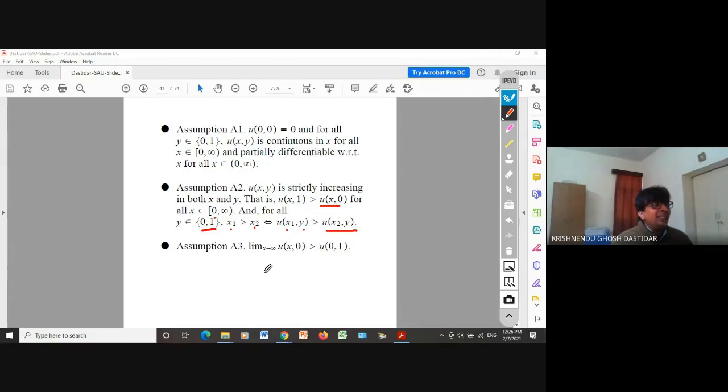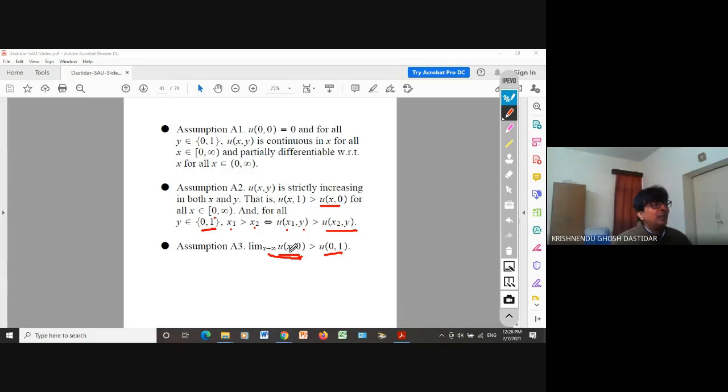Okay. And the other assumption is that, see, what is u(0,1)? It's the utility that you will get when you consume 0 units of x, but 1 unit of the indivisible item. u(x,0) for x high enough would be strictly greater than u(0,1). So limit as x approaches infinity. This is very reasonable also, right?